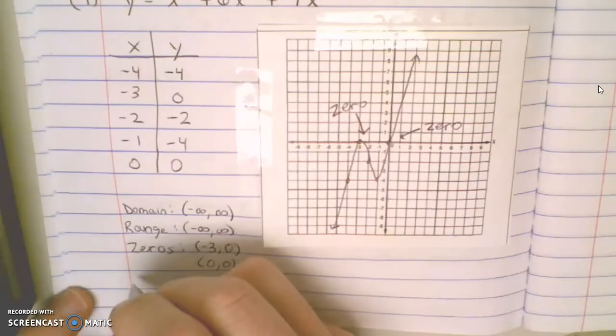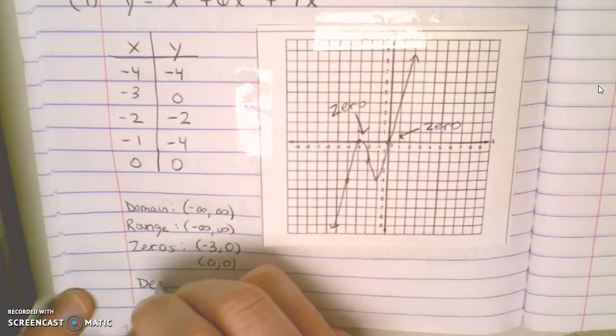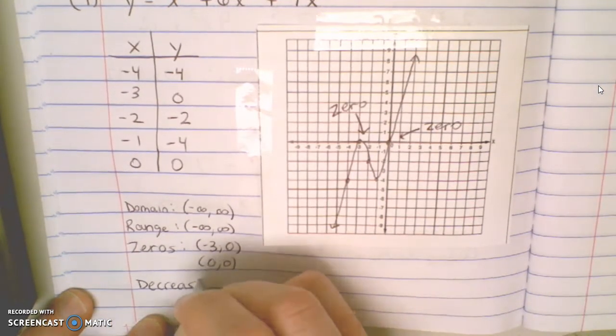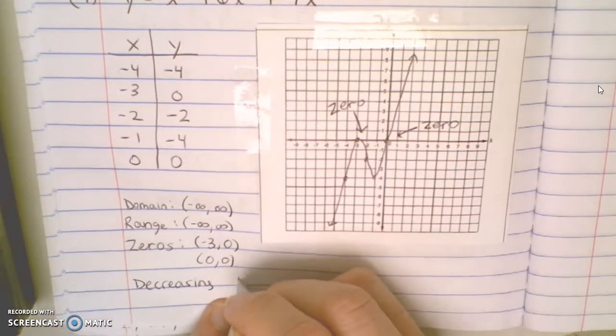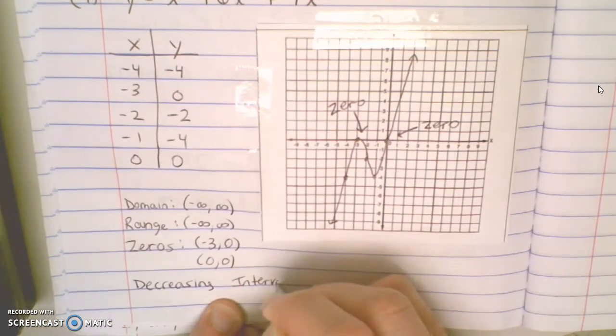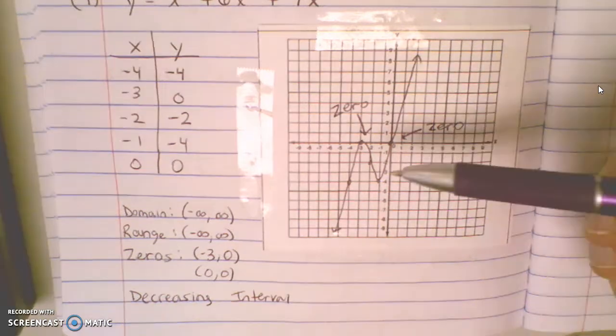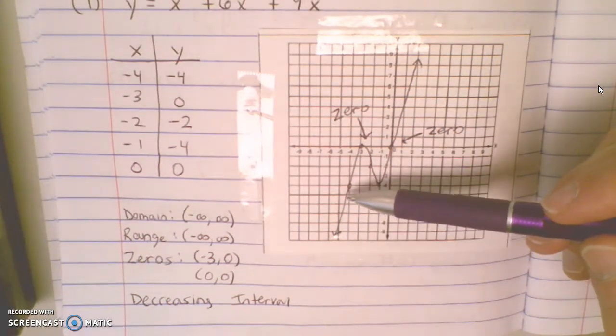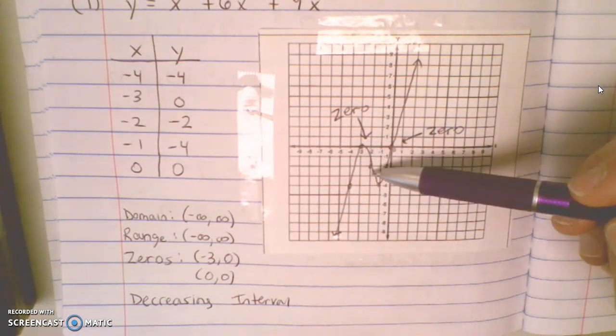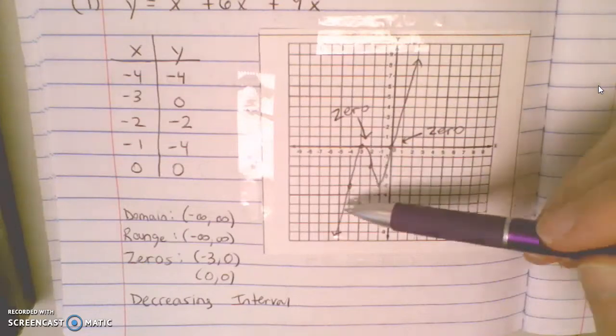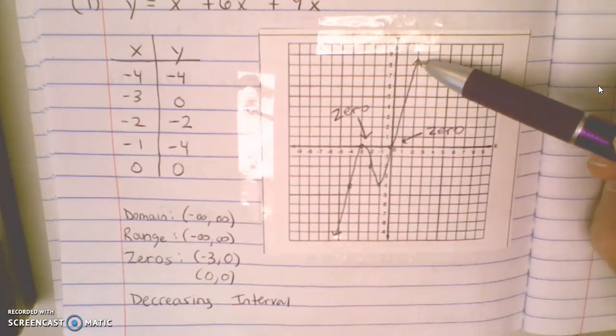All right, the last piece for today that's new is called the decreasing interval, and then increasing interval. So decreasing interval is when you're on this graph, where is the graph decreasing as you're moving along the x values?